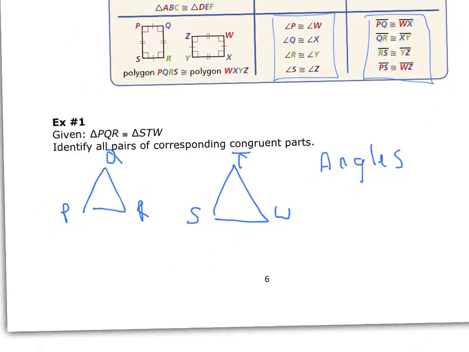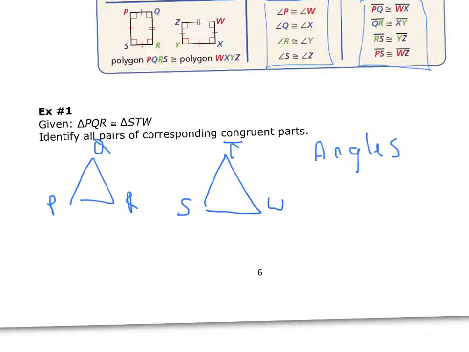We know that P is congruent to S. We also know that R is congruent to W, and we know that Q is congruent to T. Of course, all of these are angles. I didn't put that, but I should have. Those are all the angles that are congruent.